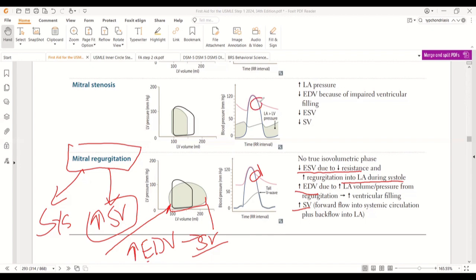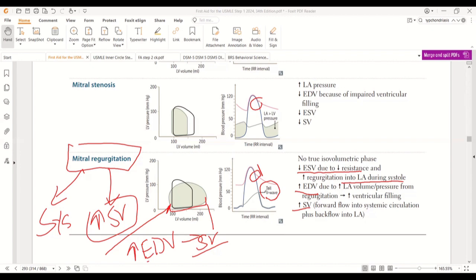So you find the tall V wave. Can anybody tell me what a tall V wave is? Tall V wave. This tall V wave. Right atrium emptying into the right ventricle.